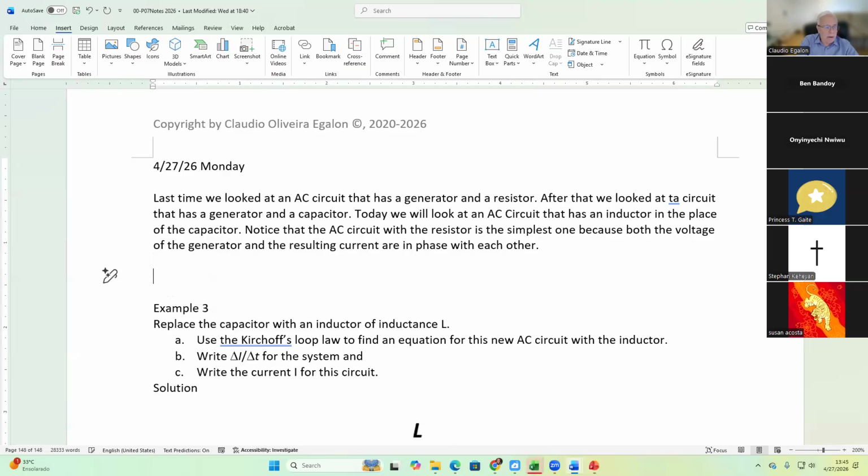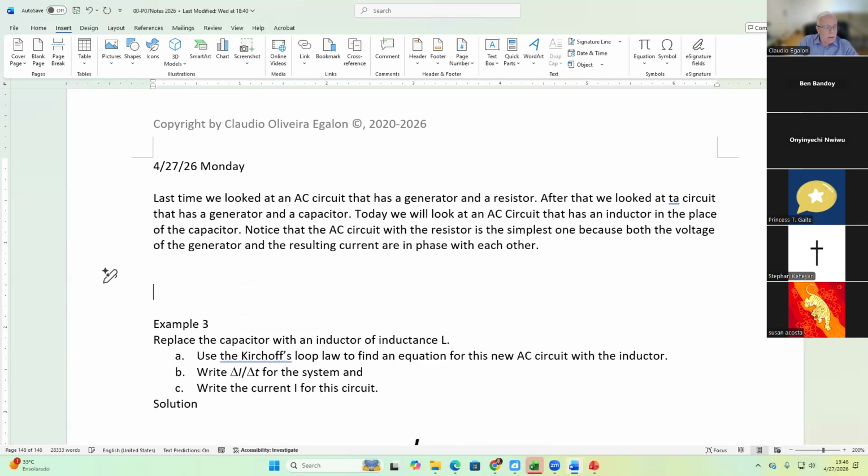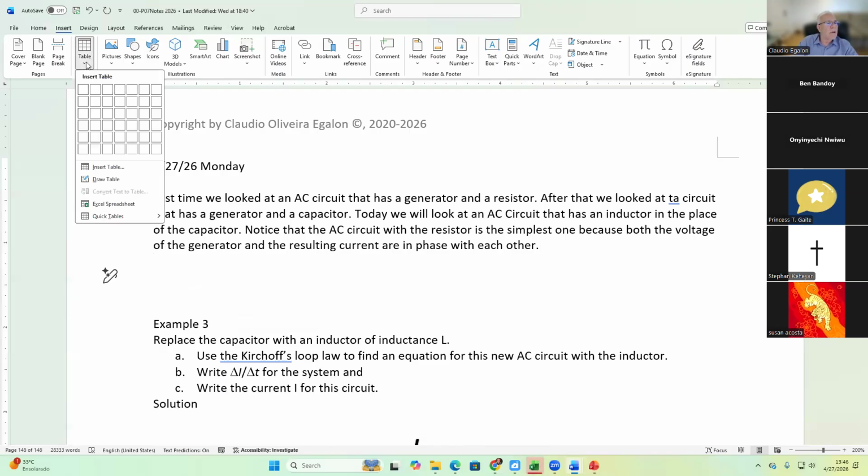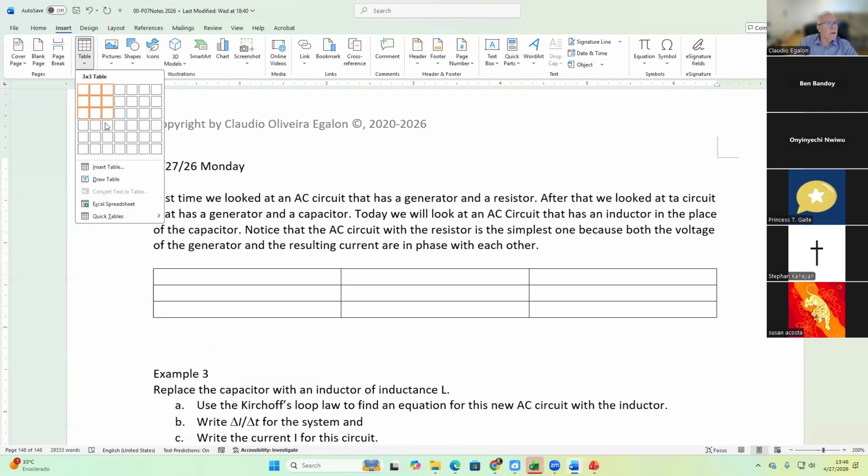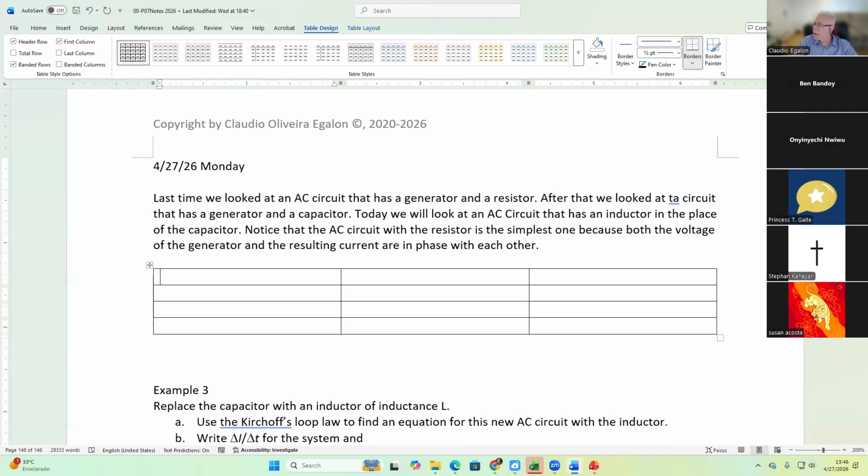So here you go. Let's make a list. Let me see if I can come up with a table that's better. It's easier, right?